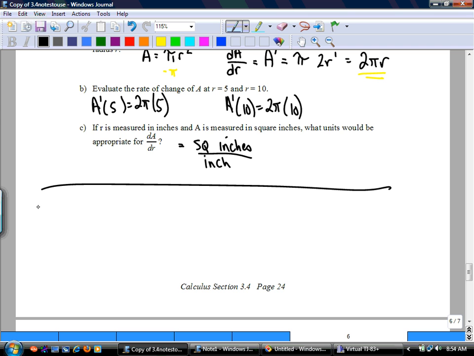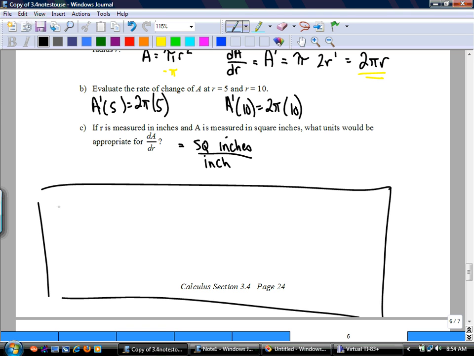What's the formula for the volume of a sphere? It's 4/3 pi r cubed. What's the derivative of 4/3 pi r cubed? Well, copy down the 4/3.